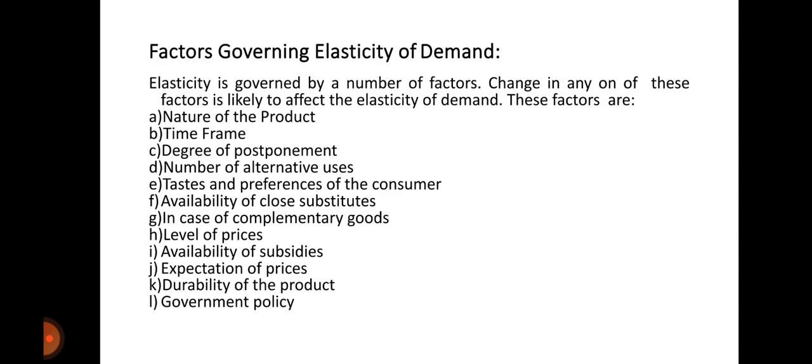The elasticity of demand may also be affected by level of prices, availability of substitutes, expectations of prices, durability of the product, and government policy. By these 12 factors, the elasticity of demand may be affected.